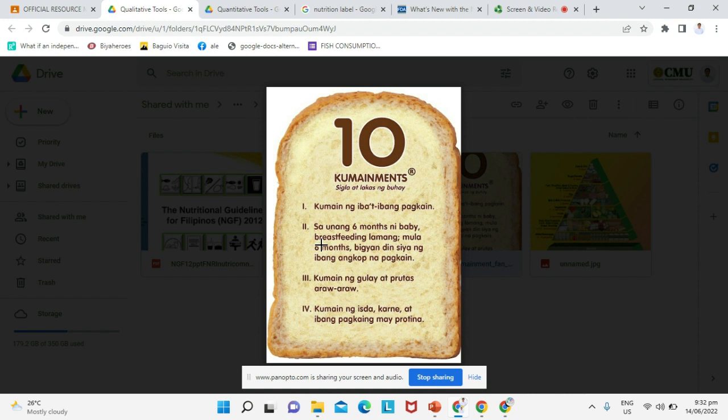So, therefore, kinahanglan na ta mag-supplement og solid foods para kung unsay kulang dito sa breast milk, masuplayan ni solid foods. Okay? So, that's complementary feeding. And that's the number 2 commandment.